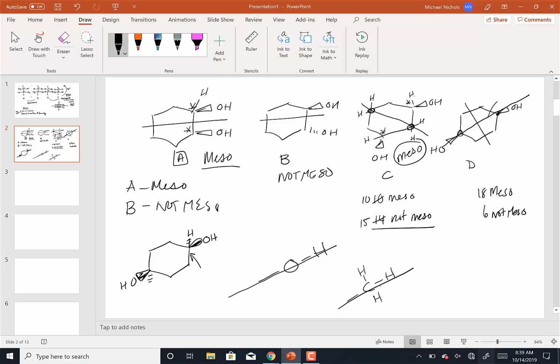For this chiral center, tell me if it's R or S. I'll give you a minute. Top one. The top one with the arrow pointed to it. Is it R or S?